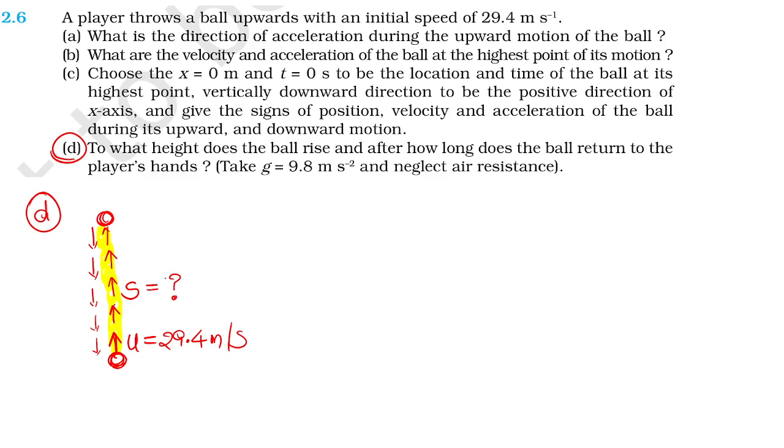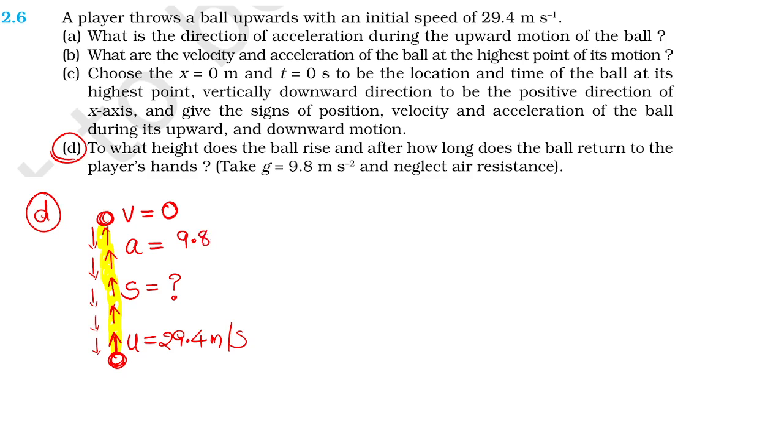Initial velocity is given to us. Final velocity, sorry, it will be 0. At the highest point, velocity is 0. The body experiences retardation, meaning velocity decreases from 29.4 to 0. Whether the body is going up or down, the acceleration due to gravity is 9.8.